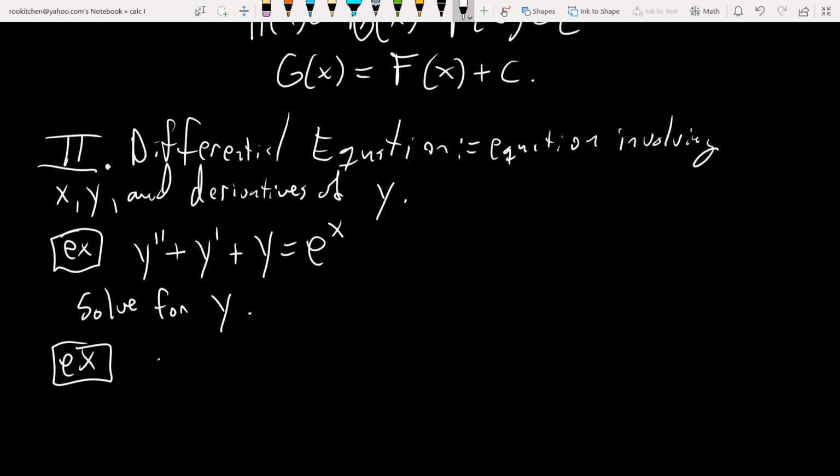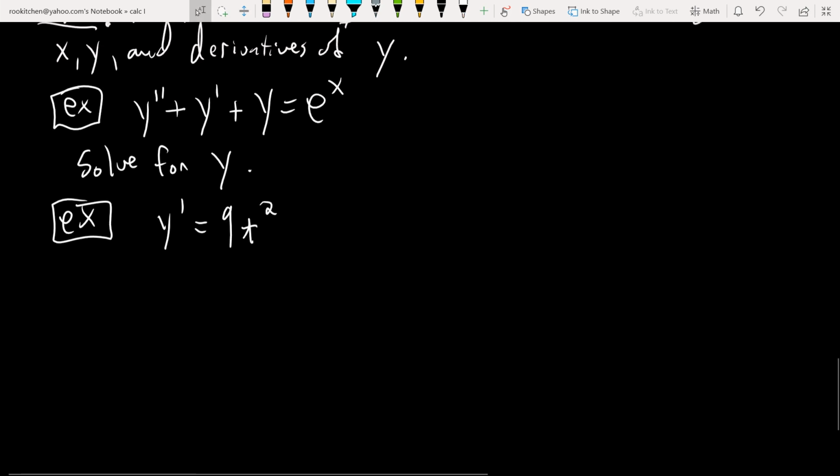So an example, y prime equals 9t squared. A solution to this differential equation would be y equals, we'll have to find something that is the antiderivative. So let's try 3t cubed, right? So is the derivative of 3t cubed 9t squared? Yeah, bring down the 3. 3 times 3 is 9. t to the 3 minus 1 is 2.